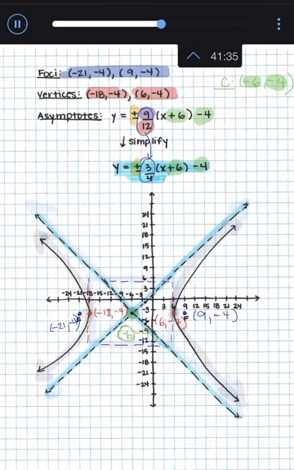And that would create your box here so that you could draw your asymptotes. Remember, your asymptotes would then, once you have your box, go through the center and would go through each, making a diagonal through each corner of the box that you just made.